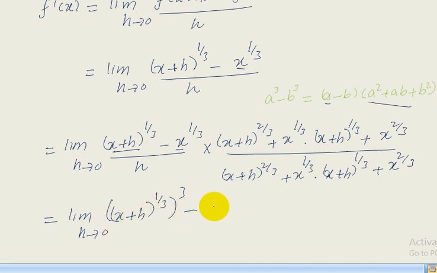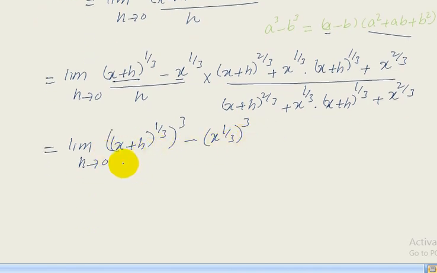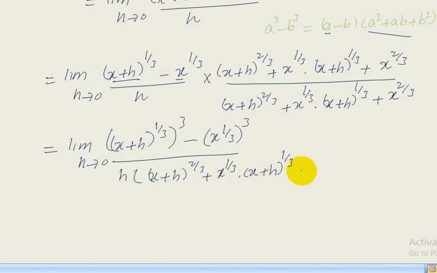minus x raised power 1 upon 3 whole cube, and the denominator remains the same, that is h into x plus h raised power 2 upon 3 plus cube root of x cube root of x plus h plus x raised power 2 upon 3.